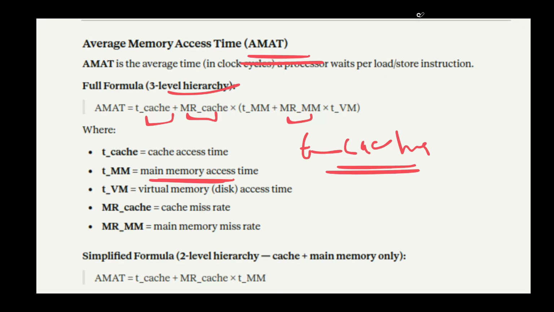So first T cache, plus miss rate of cache into T main memory, plus miss rate of main memory into T of virtual memory. So this is the formula that you are going to learn. This is the 3-level hierarchy.